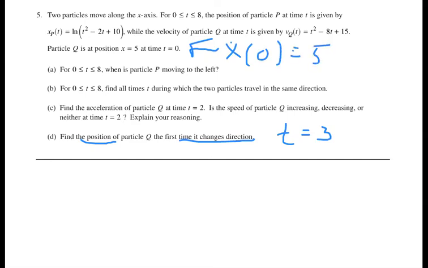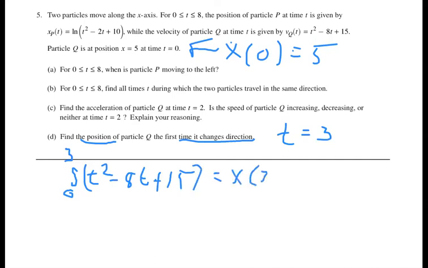So this is going to be the fundamental theorem of calculus, which is going to be the integral from 0 to 3 of t squared minus 8t plus 15, and that is going to equal x of 3 minus x of 0.